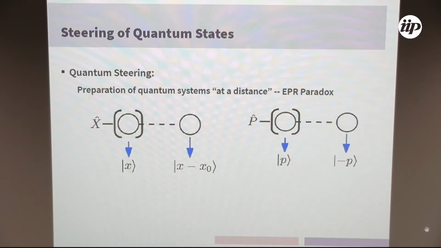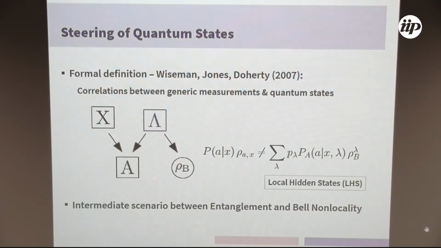But in the general case, I will not be concerned with the actual measurement being done on the other side, but only with the notion that my quantum state is, in a sense, prepared at a distance by measurements that are done on the other side, and I don't actually specify them.